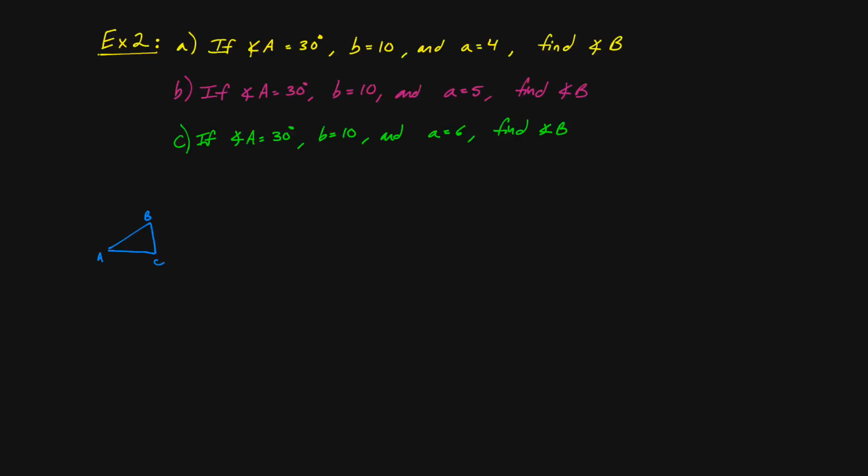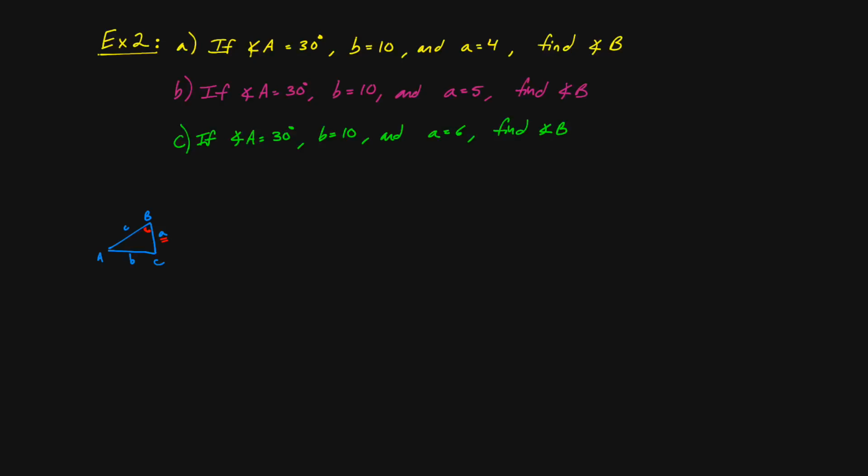Basically the only thing changing here is this side a, and it actually changes your angle B, this angle here, for each one that side a changes. So let's do the first one together, and I'm going to do that in yellow.